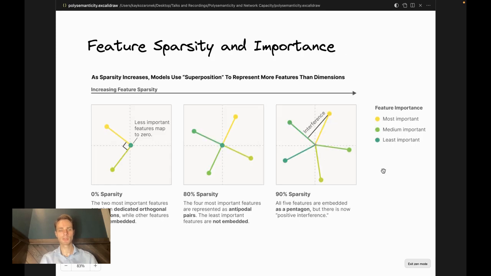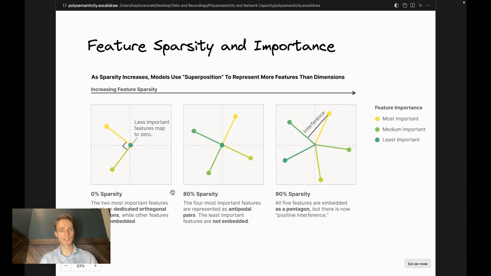The superposition hypothesis has been studied extensively by Anthropic, and in this plot they summarize their findings. We have two important parameters: the feature importance, which goes from most important to least important, and the feature sparsity.